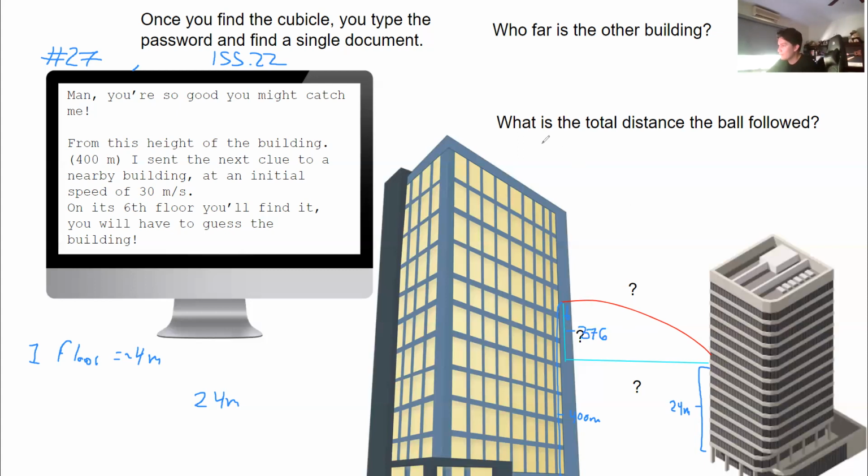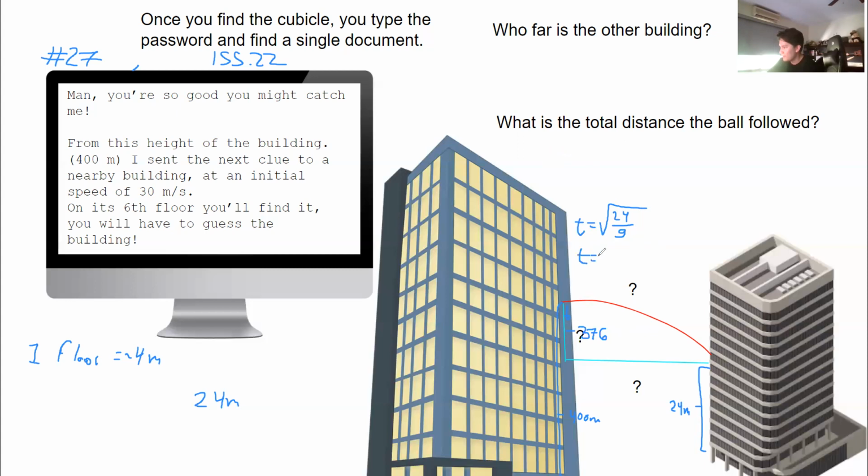So with this, we can use the formula time equals the square root of 2y over g. Now this g will be positive in this one.